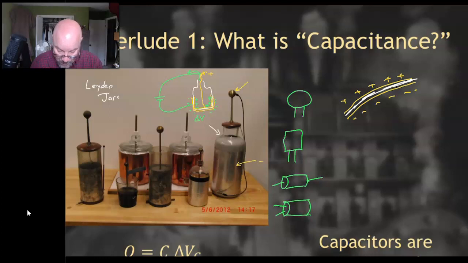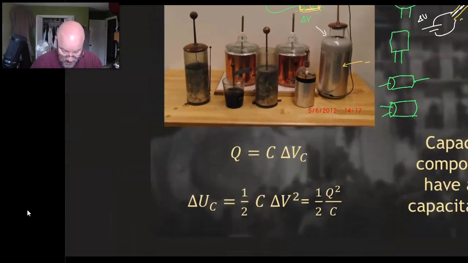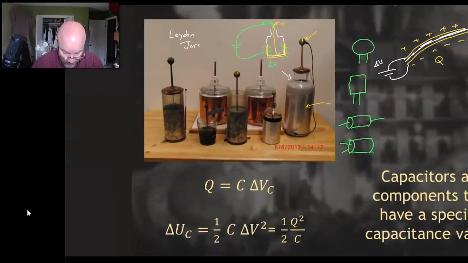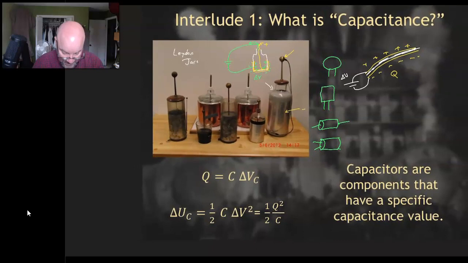Now, the amount of charge that you collect, Q, depends on how much voltage you put across this thing. So let's call that a delta V. And so you can see our first equation there, Q equals C delta V. So this Q right here is the amount of charge that's on the jar.